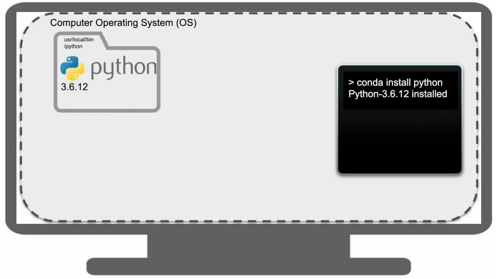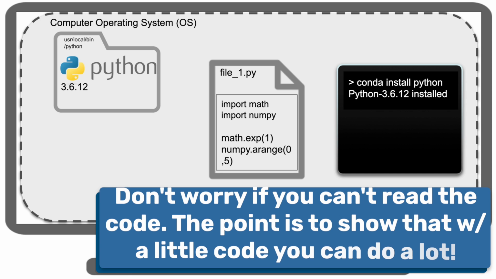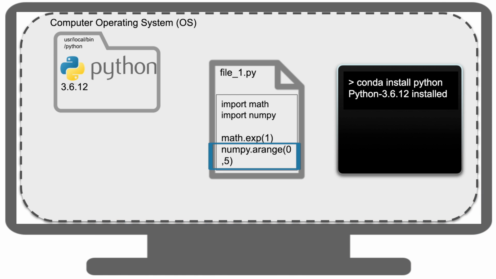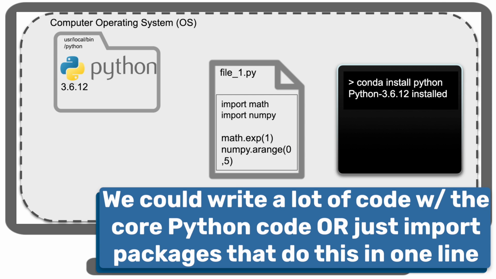Let's say we have a Python script that we want to create. For this, focus on the fact that we want to raise e to the power 1, and we also want to arrange 0 to 5 in a list format. If we wanted to do this with plain Python, it would take a lot of code, or we can import these packages into our script and run it with even less code.